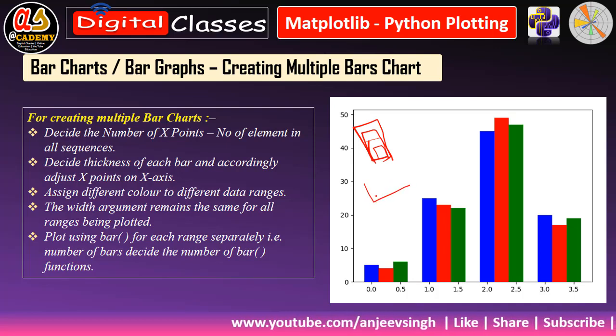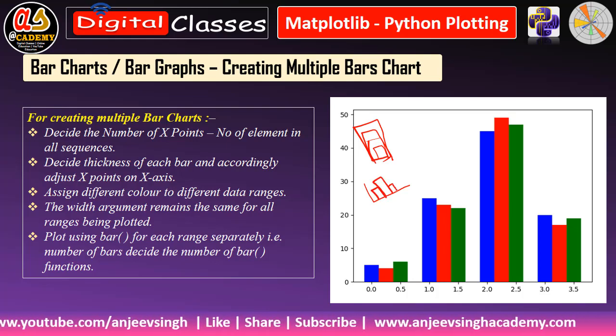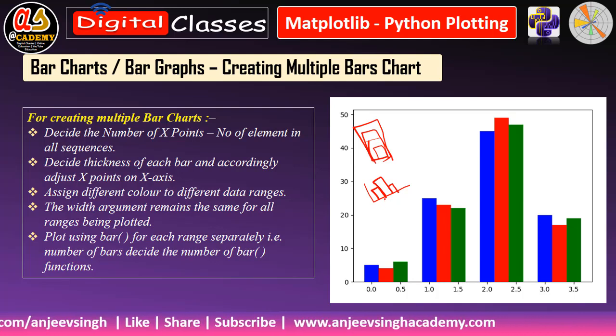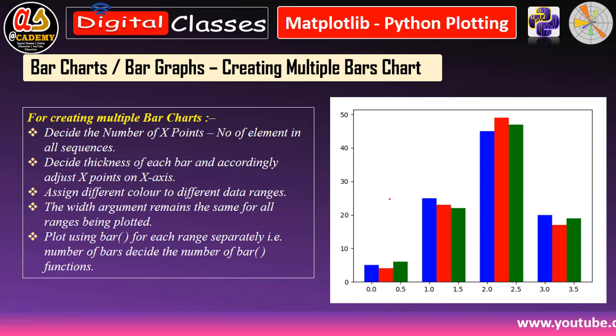If one bar is drawn here, the next bar will be drawn just after this, and the next bar just after that, and I'm able to make a comparative study, and the bars are visible to all of you.